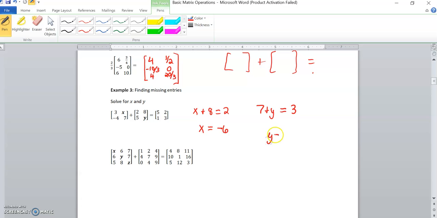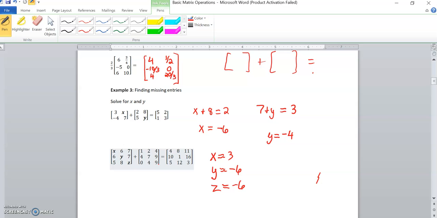So y is equal to negative 4. And then x plus 1 equals 4, so x must be 3. Then y plus 7 is 1, so that must be negative 6. And our z term, z plus 9 is 3. So negative 6 plus 9 is 3.